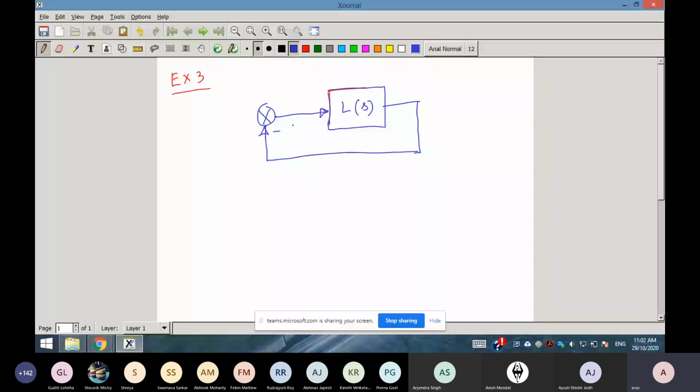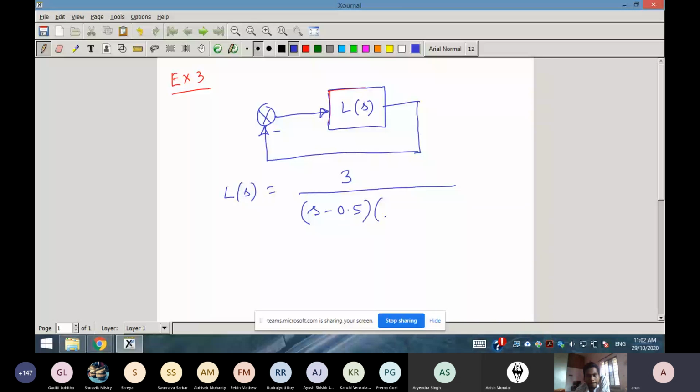Suppose Ls is 3 divided by s minus 0.5 into s plus 2 whole square. Here the nominal gain is k, so k equal to 1 is the nominal gain.